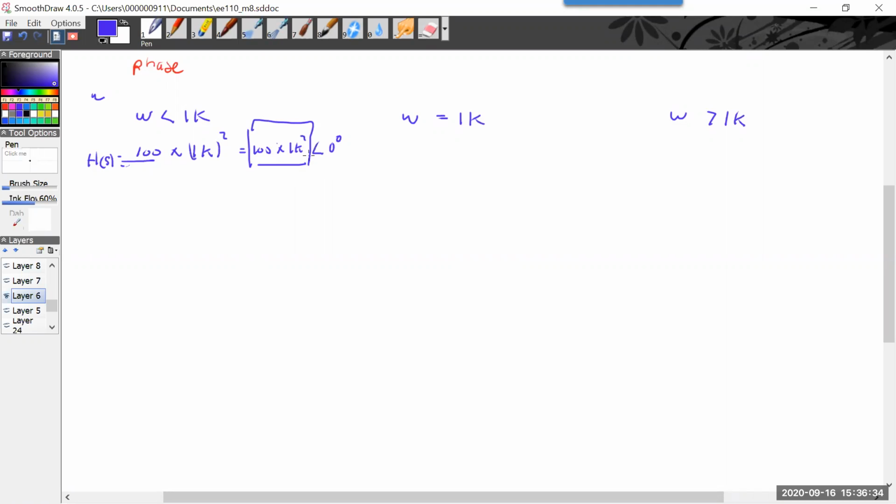So no matter what, for these kinds of low pass filters, the phase of the numerator will always be 0. And I don't necessarily care about the magnitude because I've already done that. What I want to know is the phase of the denominator. So that's really all I have to worry about.